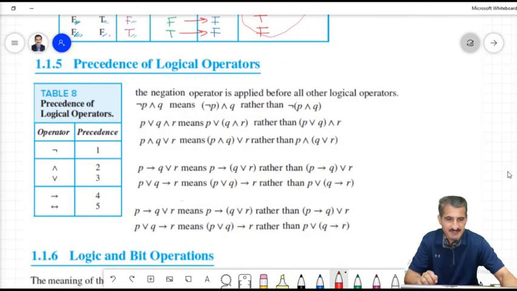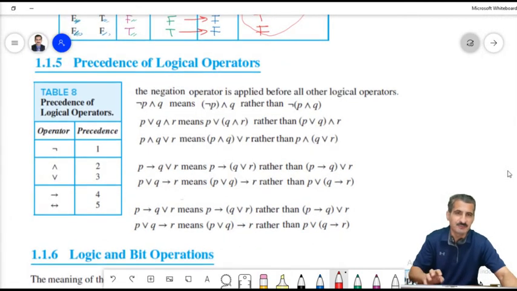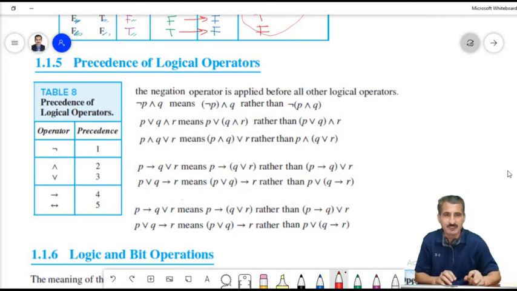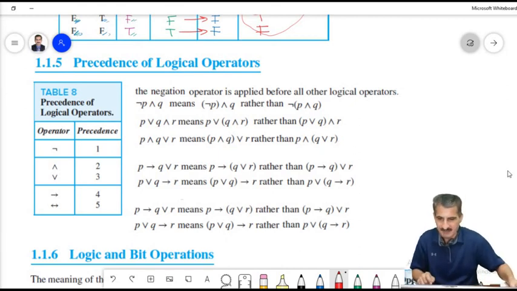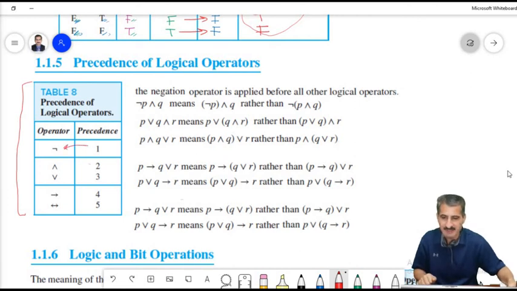Now, precedence of logical operators, which means which goes before which. When we have logical operators together, which one do we perform first? This table tells you which one goes first. The first priority is given to the negation, second priority to the conjunction and, third priority to the disjunction or, fourth priority to the implies, and then to the biconditional.